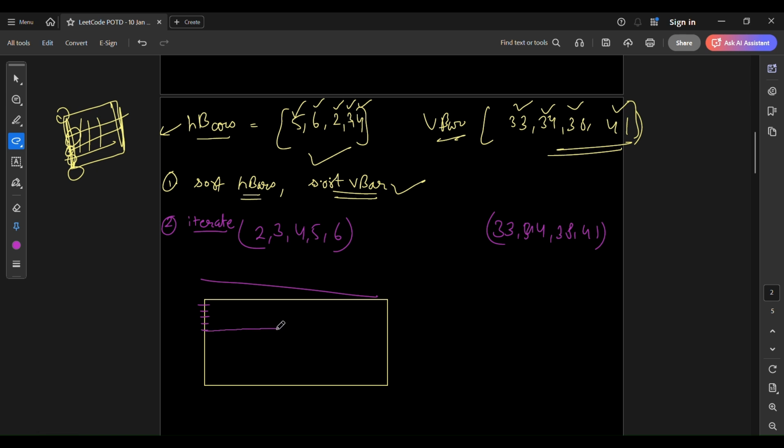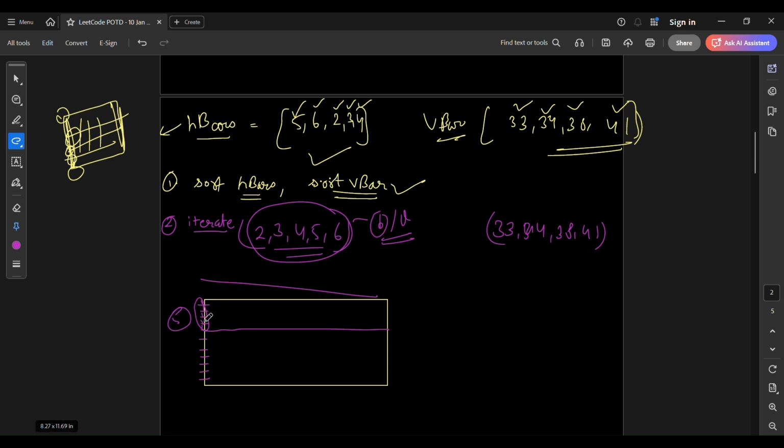So I can see very clearly that this whole part is empty, but the vertical lines are still there. I don't know about the vertical lines, but we'll look into it. And then there will be multiple lines, but we don't care about those. If we see the height or the length of this rectangle that is formed, we can see the maximum is 1, 2, 3, 4, 5. The size is 5.